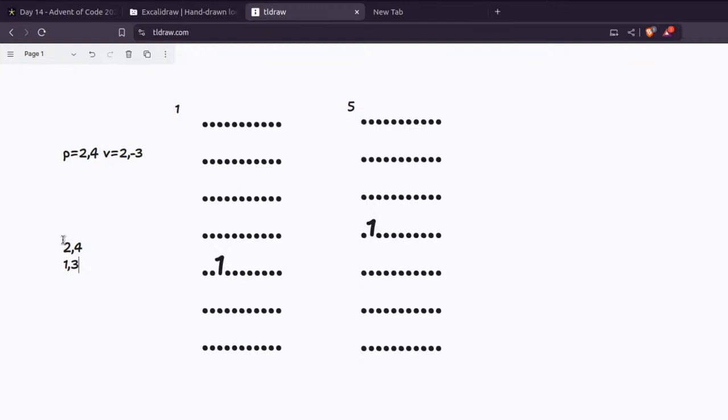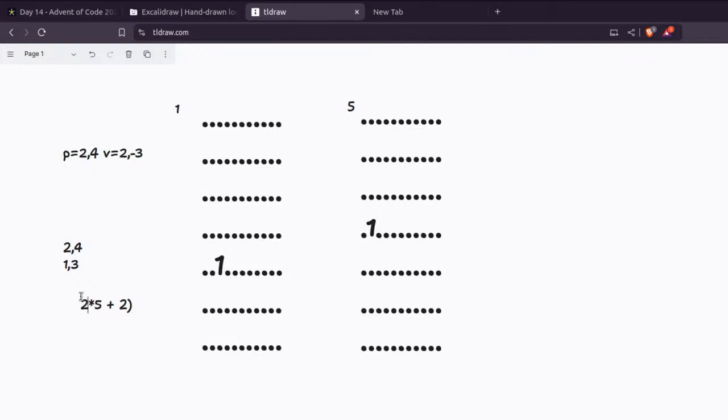So the initial position will be the current x position, and we need to add. We first multiply it with how many times you want to do it. So 2 times 5, right? Because you want to do it 5 times, and then we add this with the velocity which it has. So it is 2, and we need to mod it with the bound that we have, right?